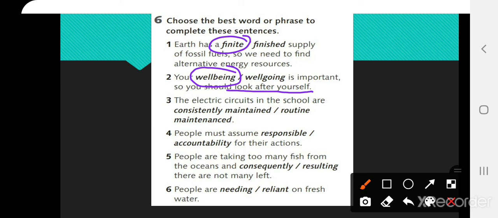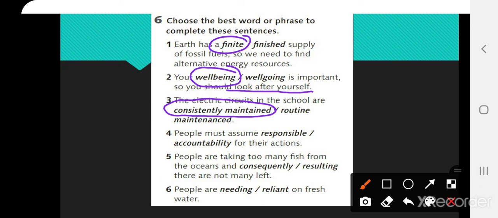3, the electric circuits in the school are constantly maintained or routine maintenance. It's of course not routine maintenance. It must be constantly maintained. 4, people must assume responsible or accountability for their actions.